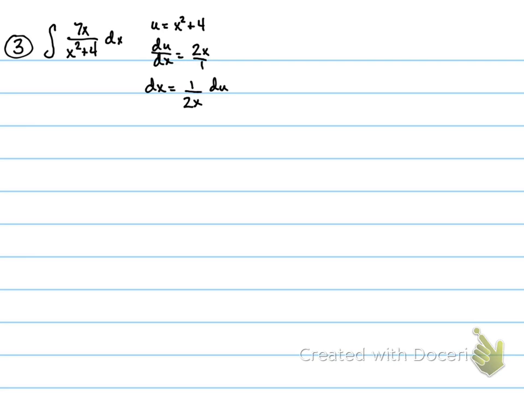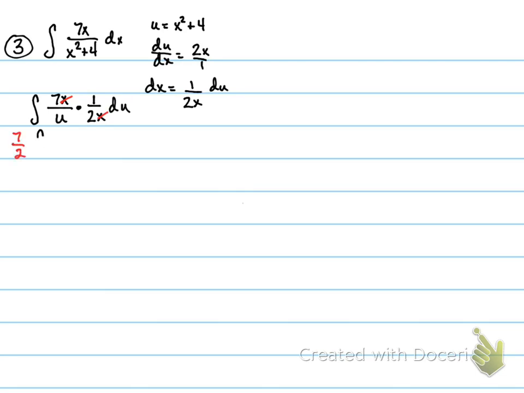Okay, how does that help me out? Well, I'm allowed to take 7x over u times dx, which is actually 1 over 2x du. You notice here that my x's cancel, and we can take this 7 over 2 and bring it out front.